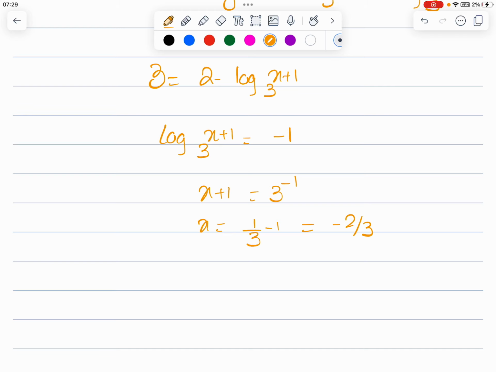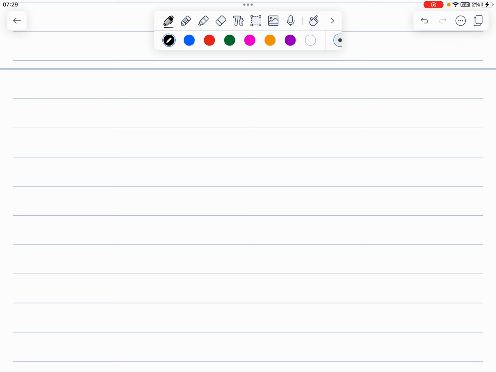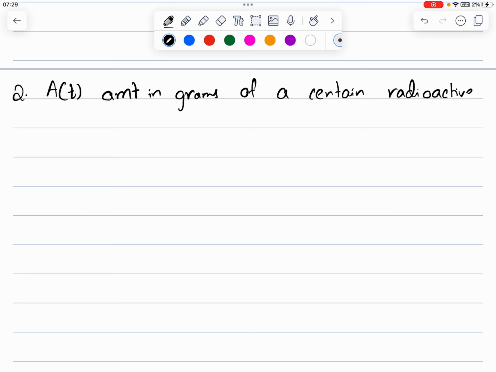Now, coming to the second question. Let me quickly write the second question. What does the second question say? A of t is the amount in grams of a certain radioactive substance, given by the formula A(t) equals A naught e to the power of minus 0.0045 t.